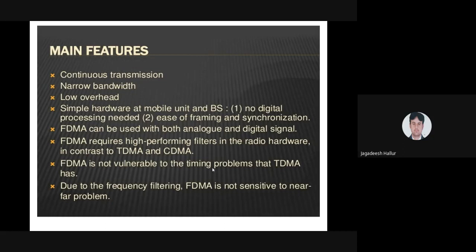The features of FDMA are: it is a continuous transmission. Second, the bandwidth is narrow, and it has low overhead. Simple hardware can be used between the mobile and the base station, for the conversion of signals and for strengthening the signal.